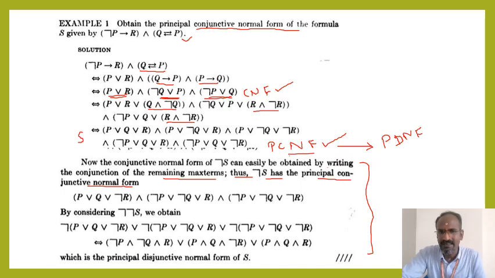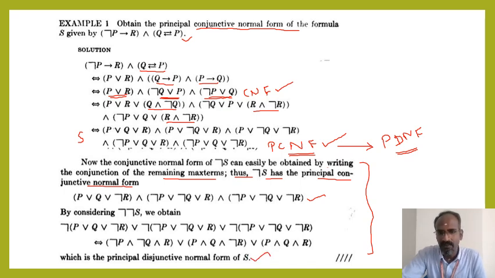What are the terms contained in this conjunctive normal form? We omit these max terms and write the equivalent min terms out of these eight combinations. Then we take the negation again, and this becomes the principal disjunctive normal form.